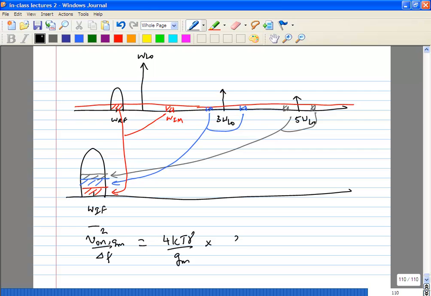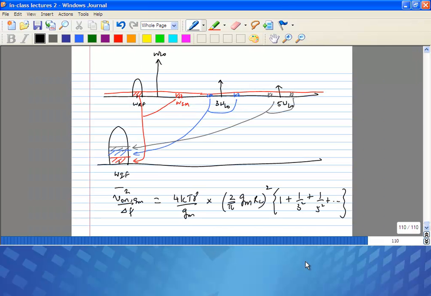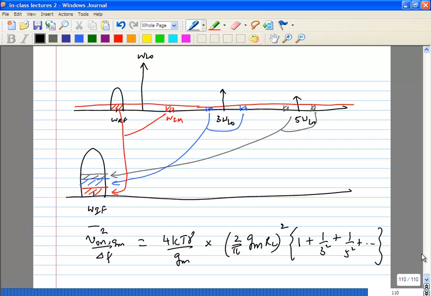What is that? Of course, you have to multiply by the square of the gain times 1 plus 1/3 squared. 1/3 is the coefficient for the 3 omega LO. And the whole thing times 2, because you not only get noise from the RF frequency, you also get it from the image frequencies for each one of these components.